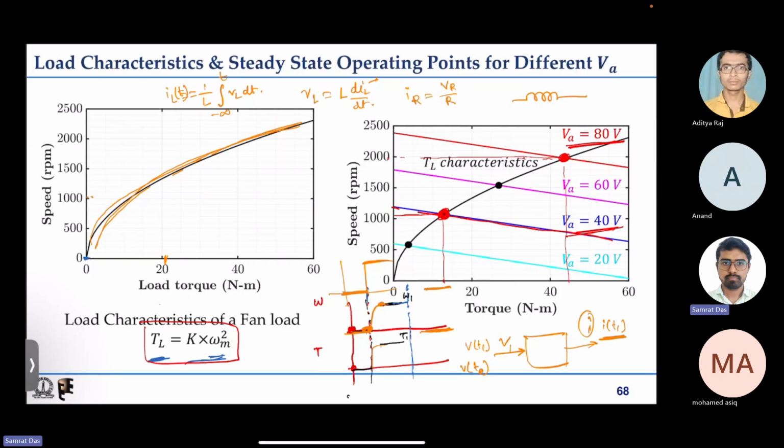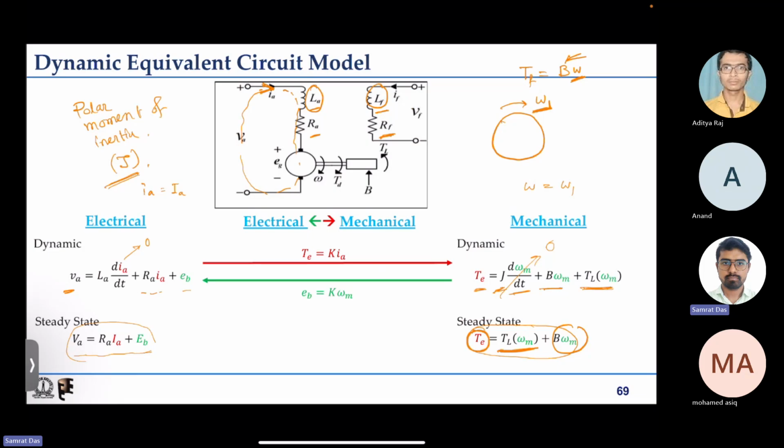It will also tell us the steady state speed or torque, and how much time we need to reach it. All this information is available if we incorporate these dynamic parameters, like inductances and moment of inertia, into the equivalent circuit model for a DC machine.